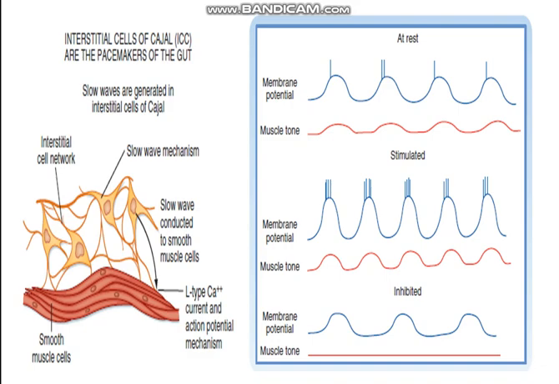Pacemaker cells, because they are capable of generating the basic electrical rhythm, otherwise known as what? Slow waves. This basic rhythm, or also known as slow waves, are just cyclical variations, as you can see there, cyclical variations in resting membrane potentials.